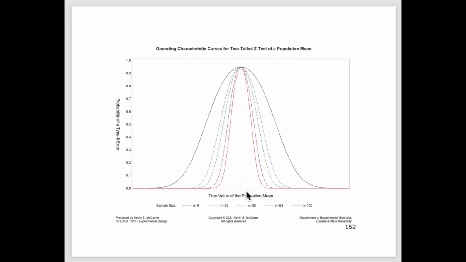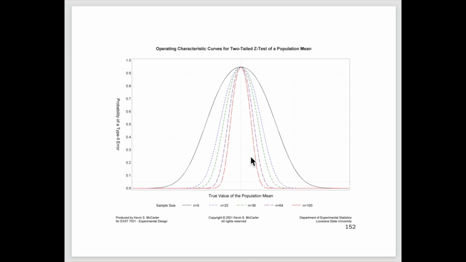And so you can immediately see several things. Let's take any one of these curves. You can see here that for values of mu that are very close to mu sub 0, this is the location of mu sub 0, there is a very high likelihood of committing a type 2 error.